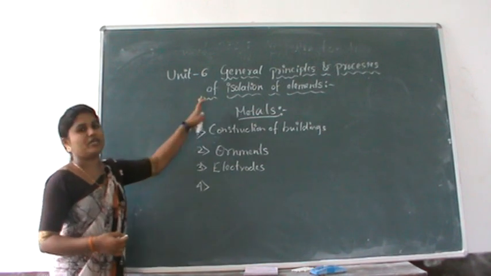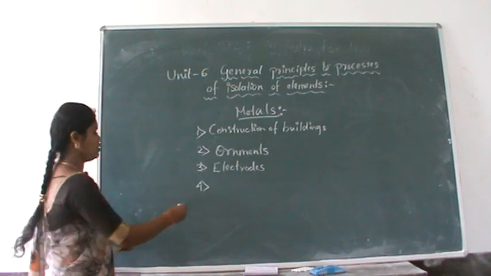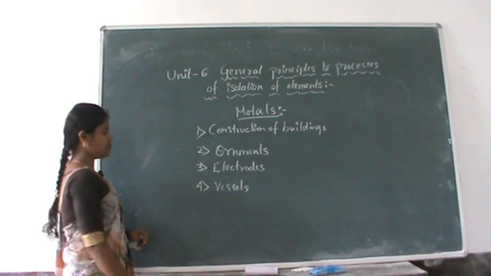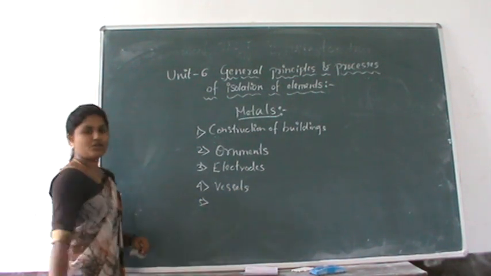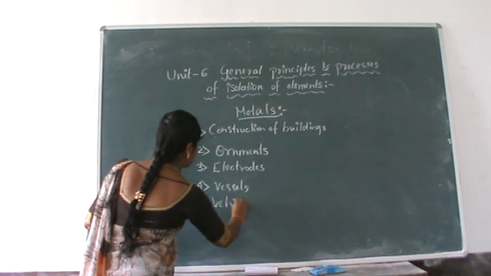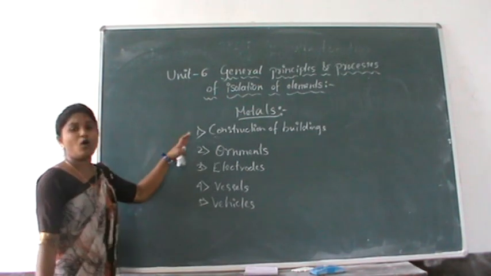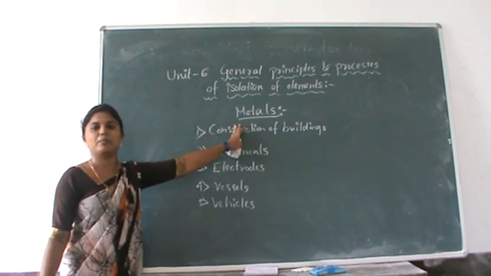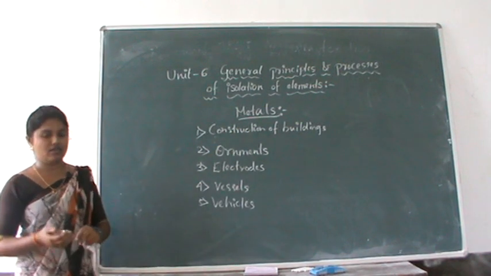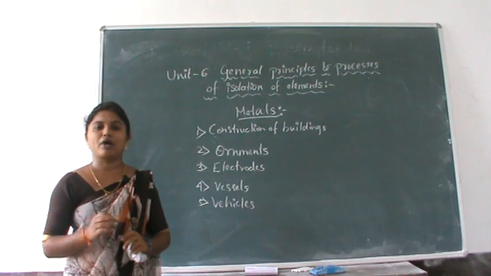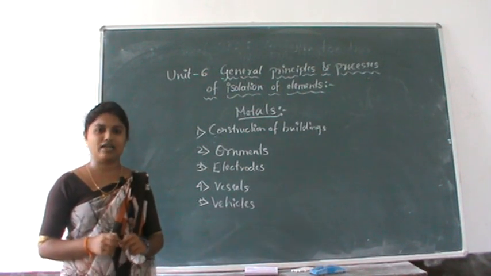That is also made up of metals. And also in vehicles. If you go on listing, so many uses will come from metals. So we can say metals are the main part of our day-to-day life.